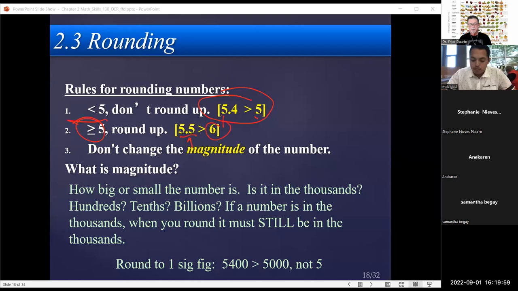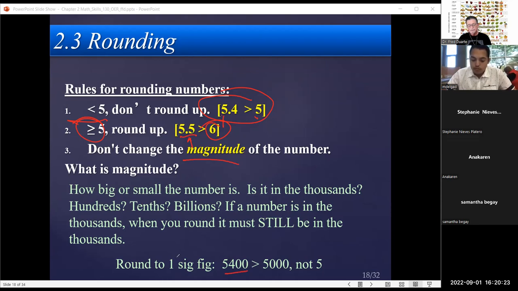Now, the key part about all this is the magnitude. I can't overemphasize this, because what tends to happen when we're rounding numbers off is that students eliminate numbers and change the magnitude. What do I mean by this? Let's look at the number at the bottom, 5,400.